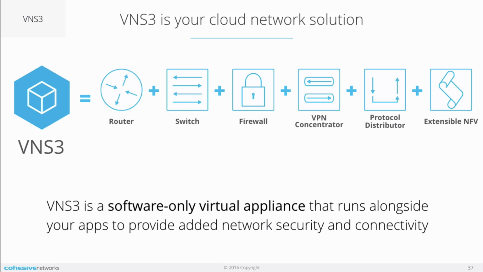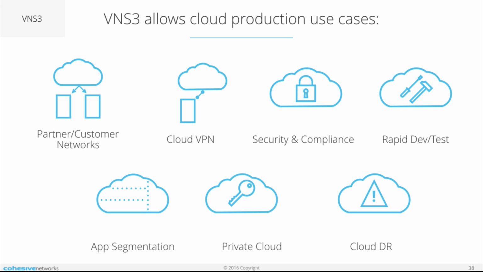Because VNS3 is software, it can run in any virtualized environment, and it runs alongside applications to provide additional network security and connectivity. VNS3 helps you enable things like a partner customer network, cloud VPN. It can help you connect to rapid dev test environments in cloud. You can use it for failover and disaster recovery, and add security and compliance components to your cloud.